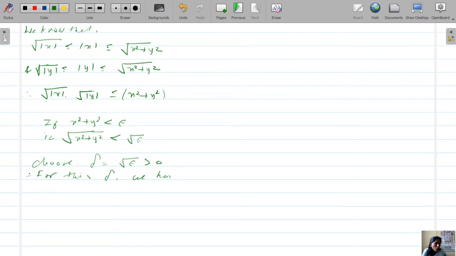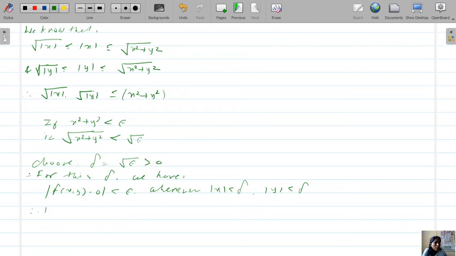we have mod of f of xy minus 0 is strictly less than epsilon whenever mod x is strictly less than delta and mod y is strictly less than delta.